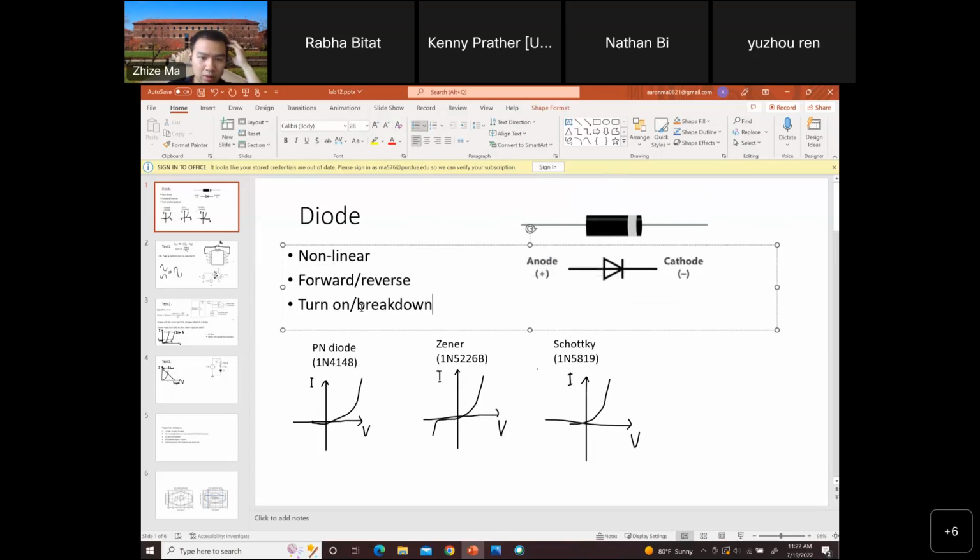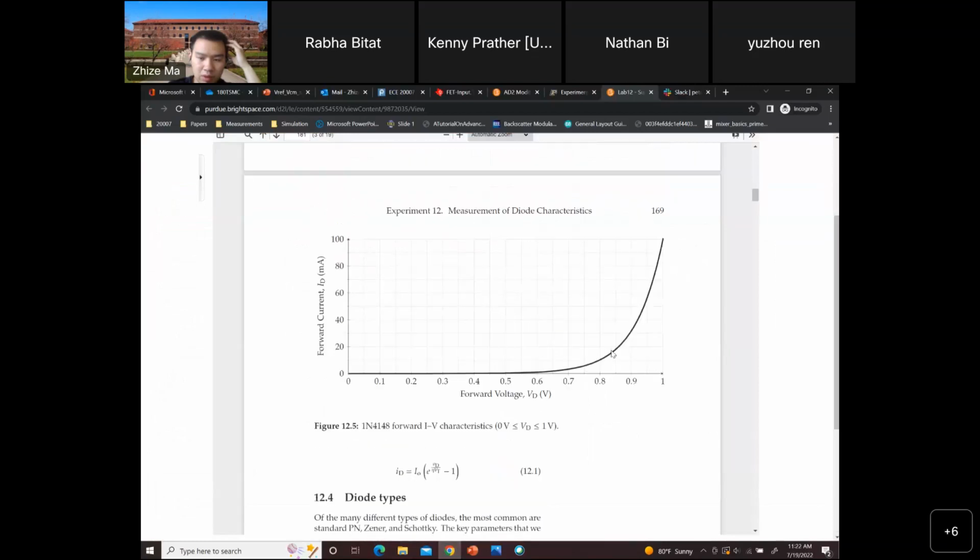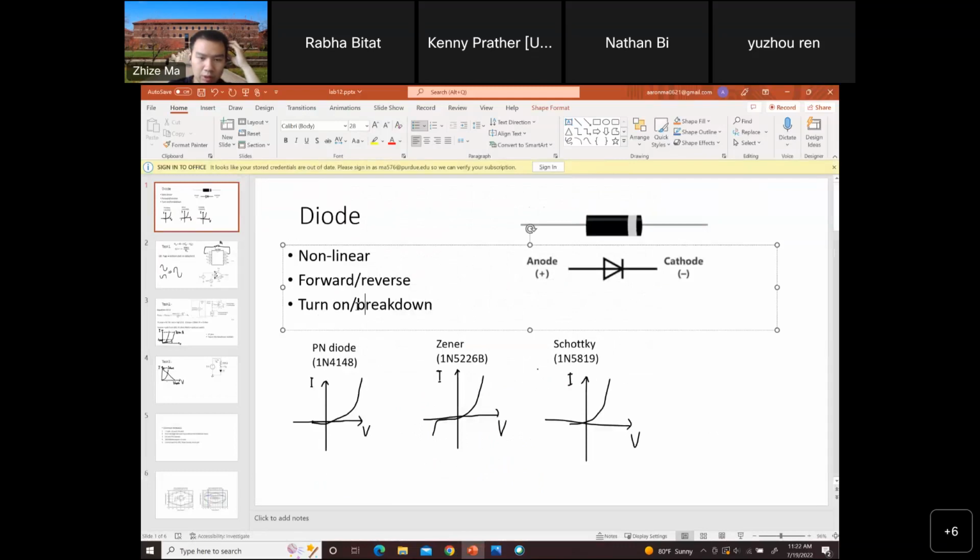Also it has a turn-on voltage. If you go back to the plot right here, when the current starts to increase exponentially, that voltage is what we call the turn-on voltage.